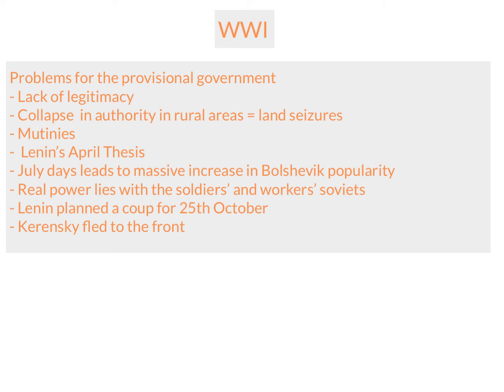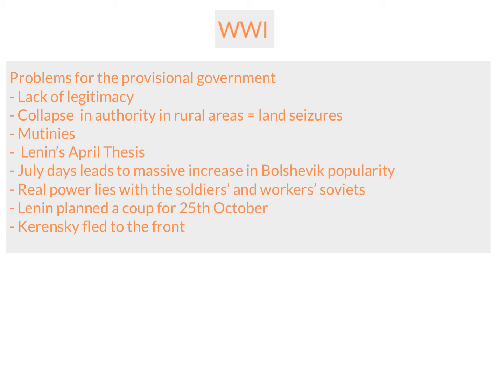So Lenin arrived back into Moscow in April, and he released his April Theses. In these April Theses, he basically puts forward the arguments of the Bolsheviks, which is that the war needs to be ended immediately, land needs to be shared out, and the revolution needs to happen straight away. So the socialist revolution needs to happen straight away.